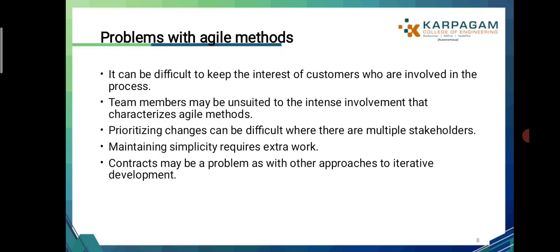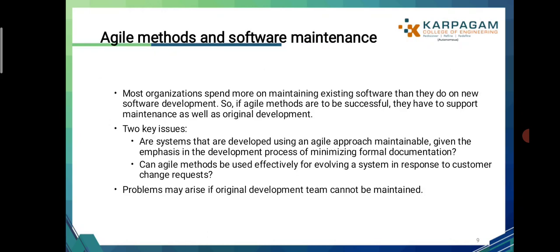Maintaining the simplicity will bring a lot of hard work to the developer, right? The contracts may have different kinds of problems, so these are the main problems in agile methods, right? The next one, agile methods and software maintenance. Here we are focusing on two issues, right?